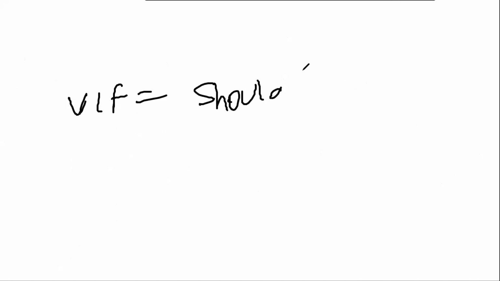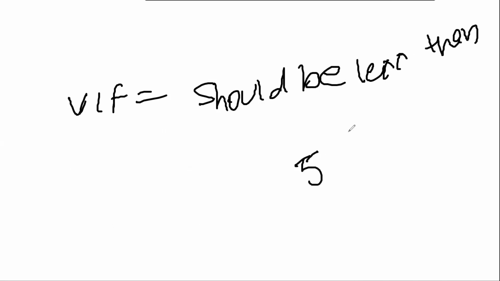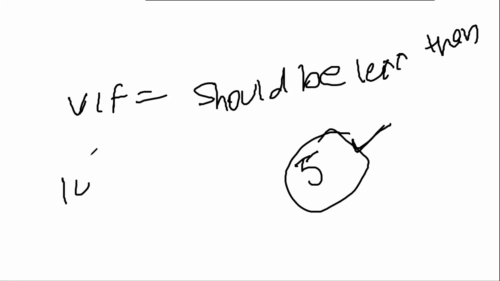Now the value of VIF should be less than 5. However, there is no rule in the world. You will not find this 5 in any book, but many researchers and scientists have tested it. Earlier it was 10, right?